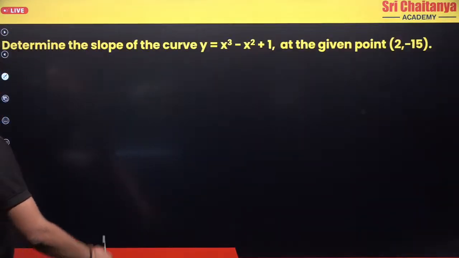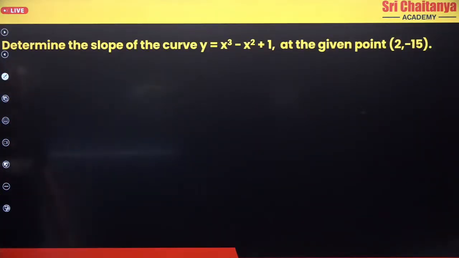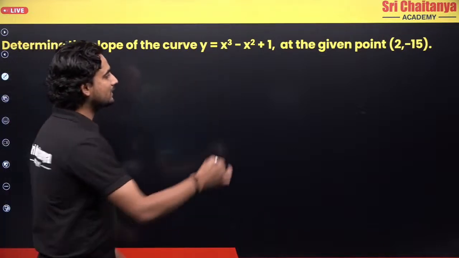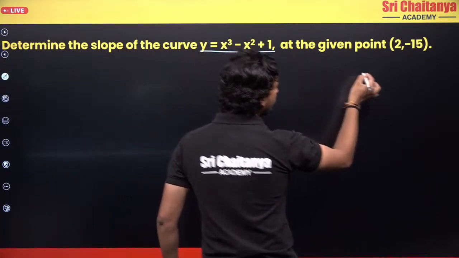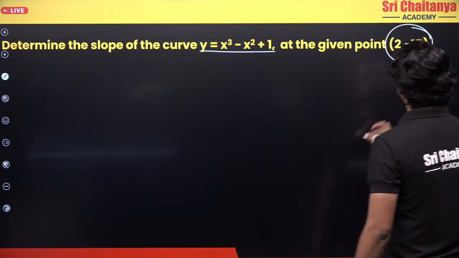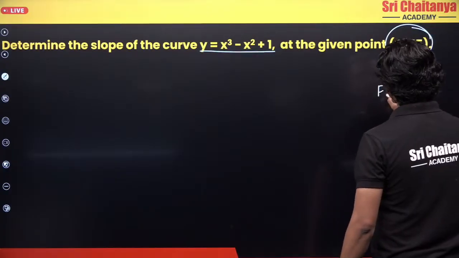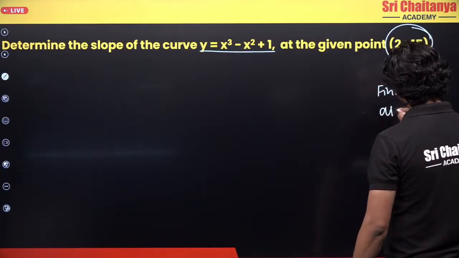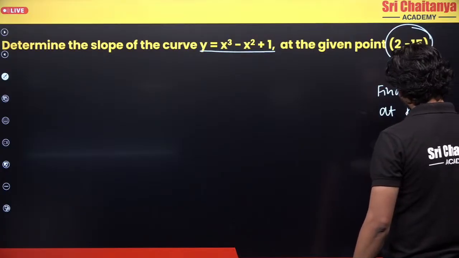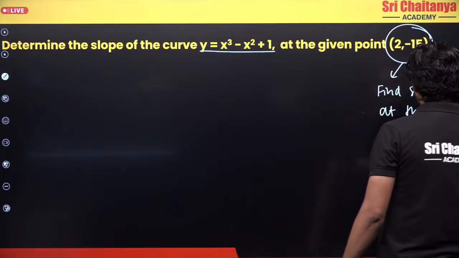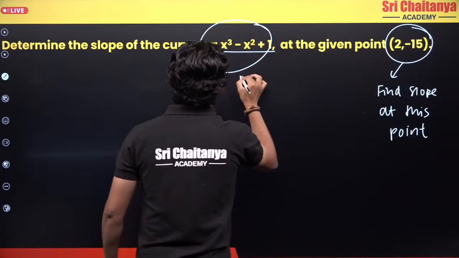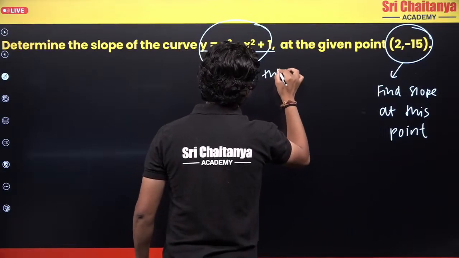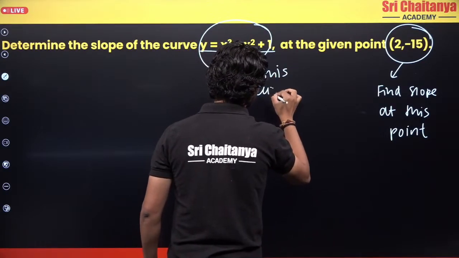Okay, so now let's solve this question. What is given? Determine the slope of the curve. This curve is given to me, and at which point do I want to find it? I want to find the slope at this point, for this curve.